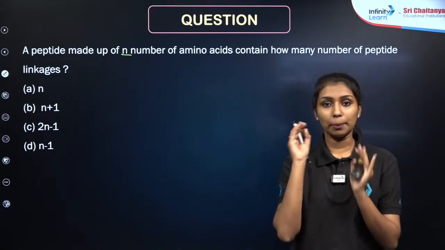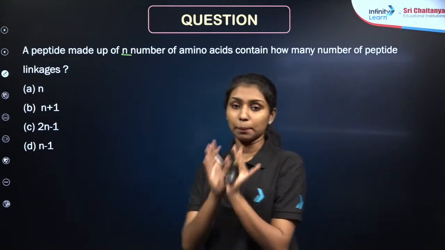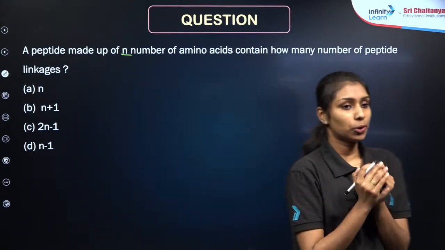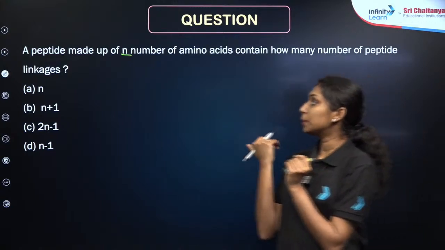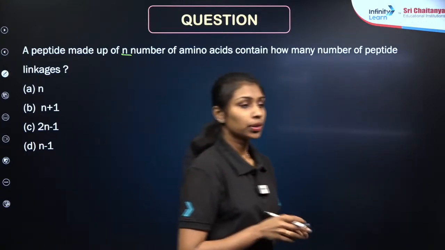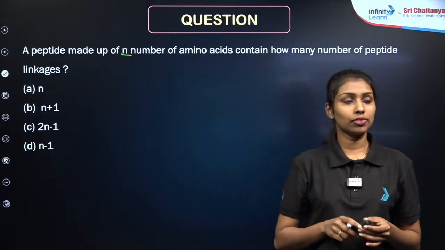Recall the structure of amino acids, how these amino acids combine to form the peptide bond, right? How the peptide bond is forming, how the peptide linkages form using the number of amino acids. What will be the answer?